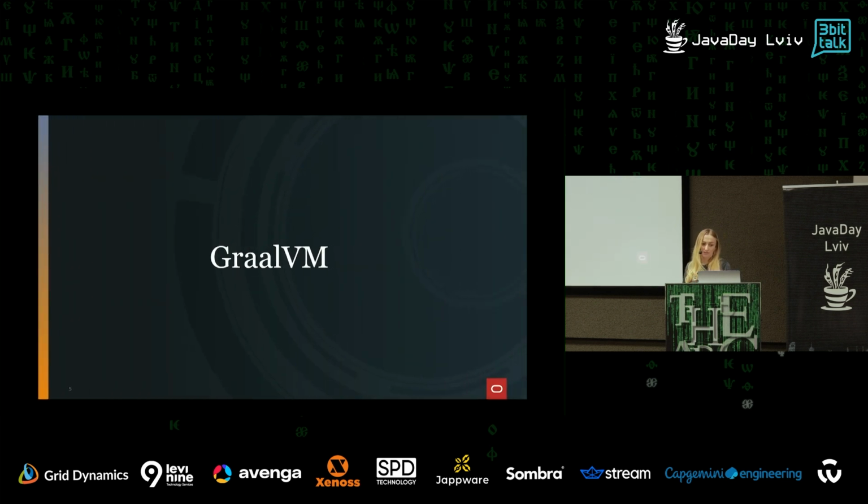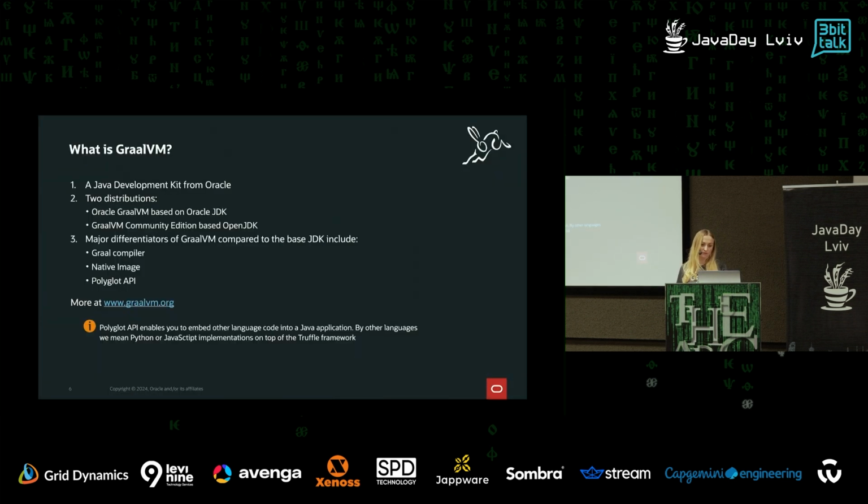So what is GraalVM? As I mentioned, that's another Java development kit from Oracle. And two distributions, Oracle GraalVM and GraalVM Community Edition. What are the key differentiators? Why does Oracle release two Java development kits, and actually in parallel?